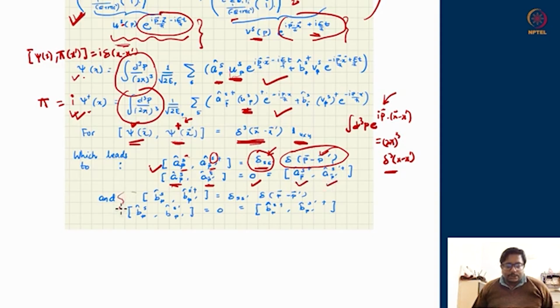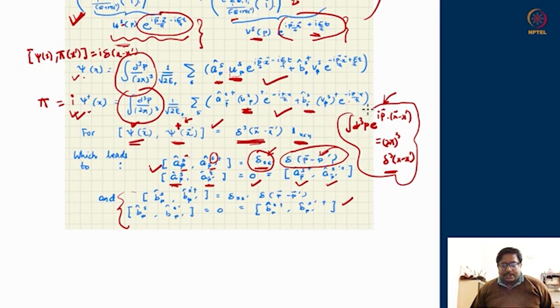And the same story goes for the second set of oscillators, the B's. So B's are the oscillators with, let us say, negative frequency, but anyway, that is all right. They have the same structure in order to get the good commutation relations, and using the fact that the good commutation relation will come only from converting the double integral over P into a single integral over P with this delta function in hand, I should impose this kind of commutator structure on A and B, which is the usual commutator relation between oscillators.